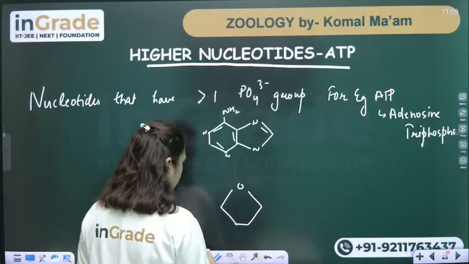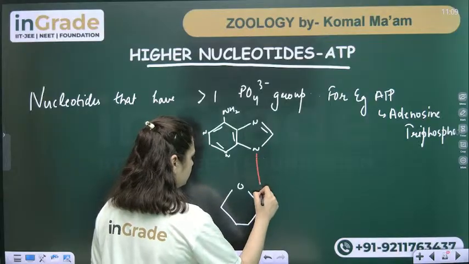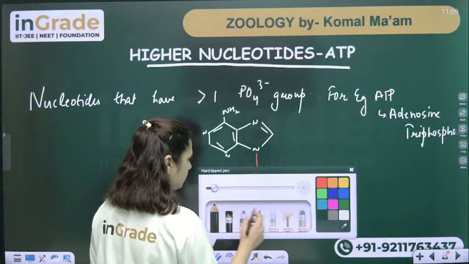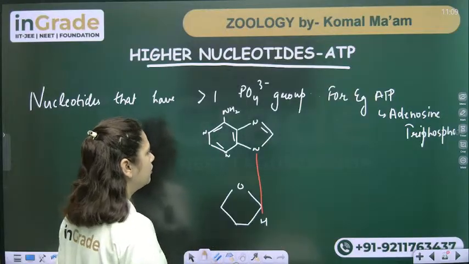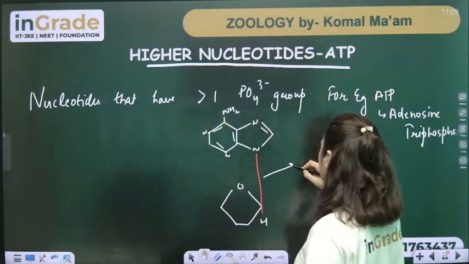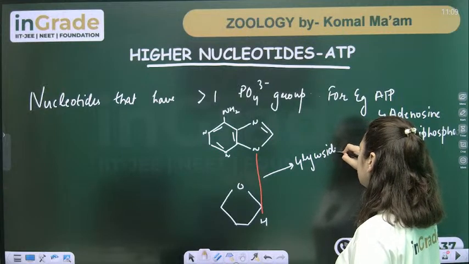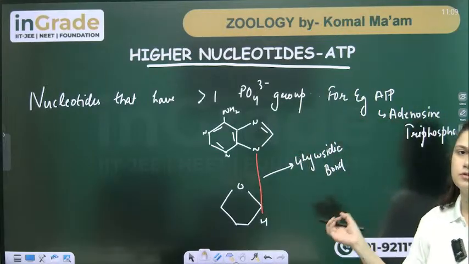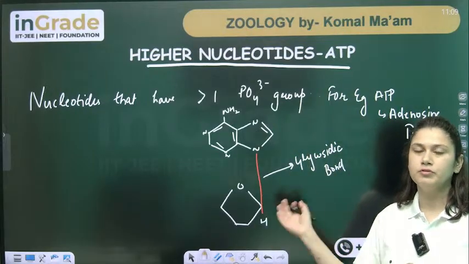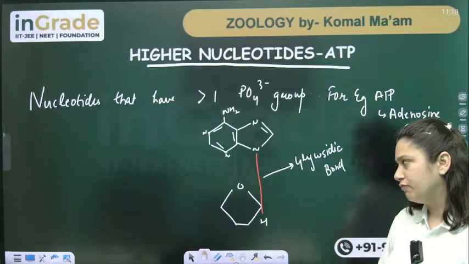So it will make the bond with the sugar, and this bond will be a glycosidic bond. We have discussed the bondings in detail in the previous class. So if you are not able to understand this, please firstly watch the previous class, then this. Then you will come to know how this bond has been formed.